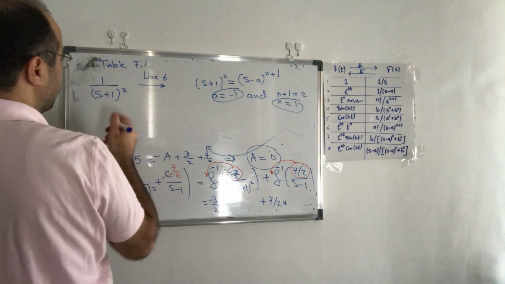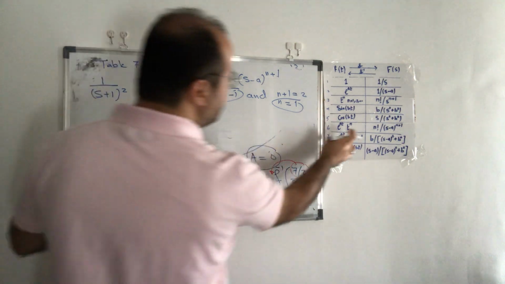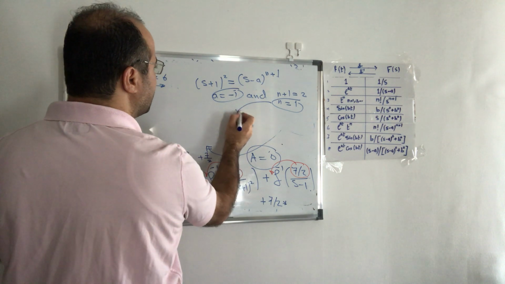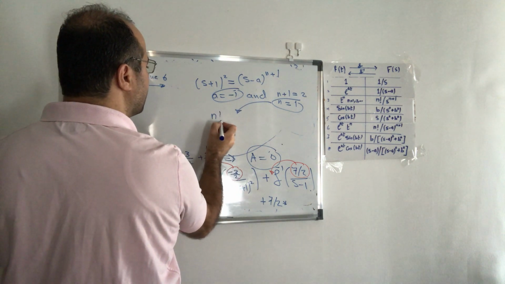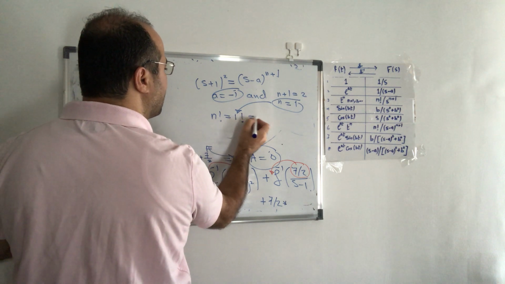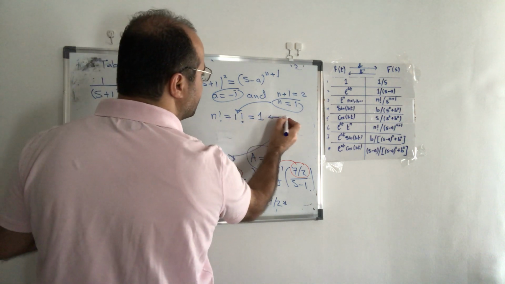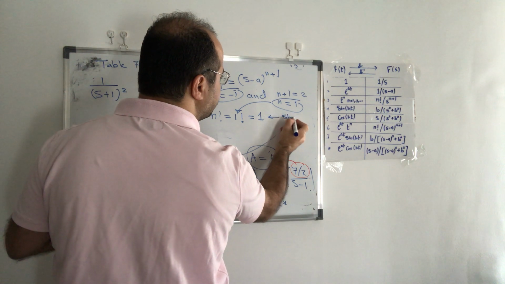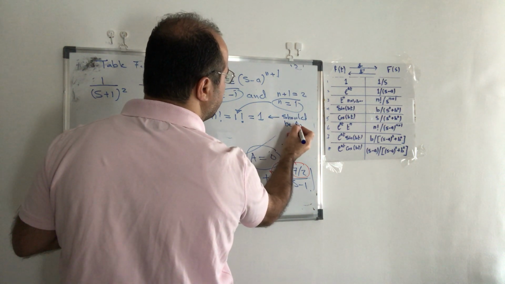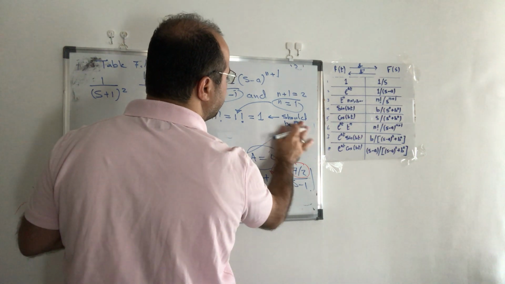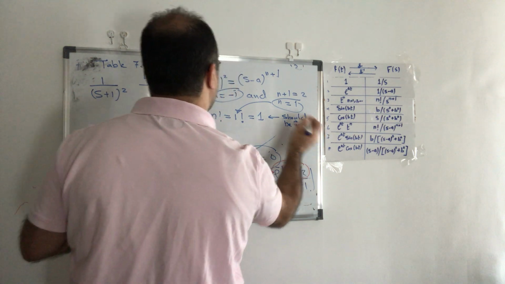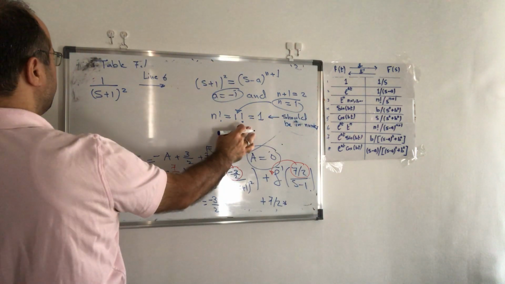Now, one more thing here. To be able to use this, I should have the n factorial in the numerator. So let me calculate the n factorial now. n factorial equals 1 factorial equals 1. Should be on the numerator. Do we have this?